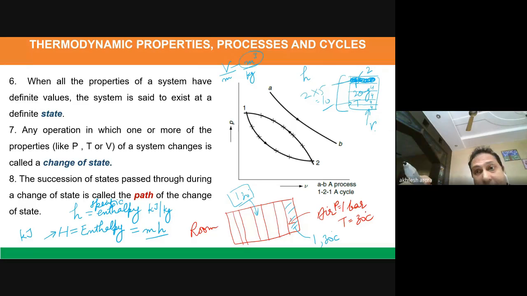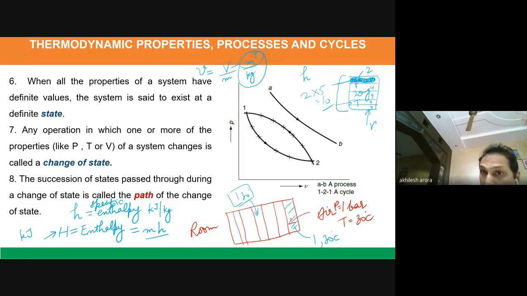If you are calculating some quantity per unit mass, it becomes a specific extensive property. And a specific extensive property is an intensive property, because the unit itself says meter cubed per kg. Whenever per kg comes in the denominator, it becomes an intensive property, because now it is independent of the mass.